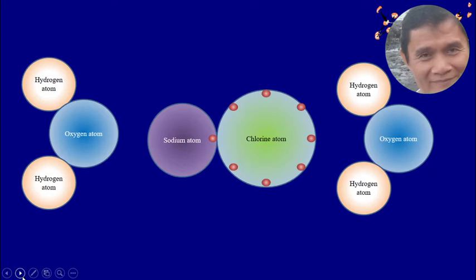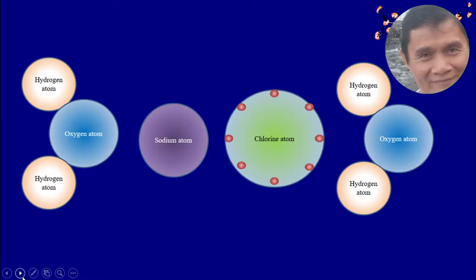Yung water kasi itself polar, so it has the capability of pulling the sodium and chlorine atom to make them dissociate in such a way that ang sodium atom, since naghiwalay siya, nawalan siya ng 1 electron, so which makes this slightly positive and attracts siya sa slightly negative na part ng water. Ang chlorine atom naman, which contains an extra electron, so therefore it's slightly negative and becomes slightly more attracted to the part of water which is merong hydrogen atom.